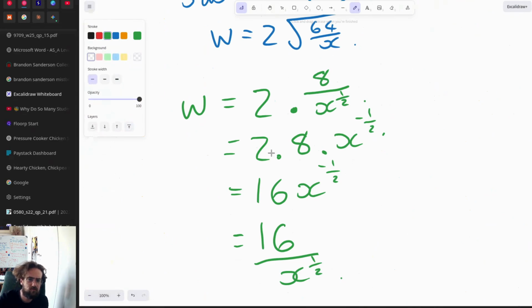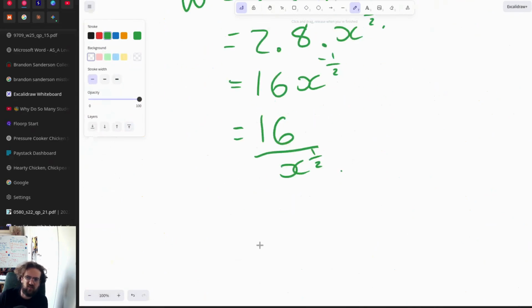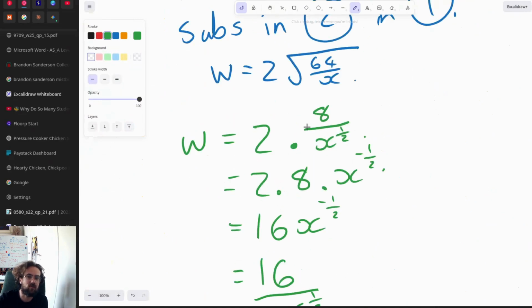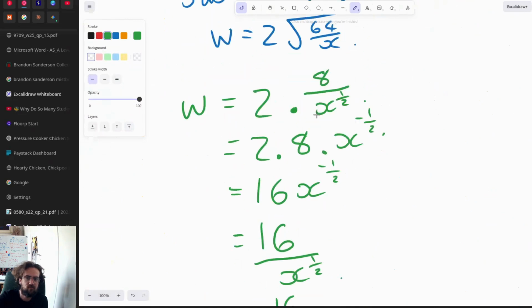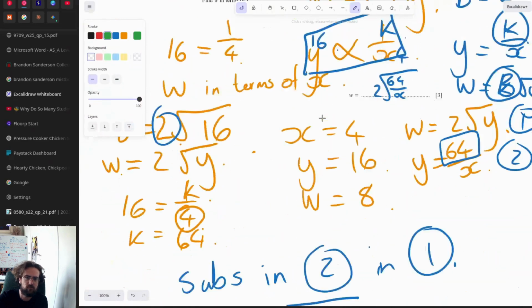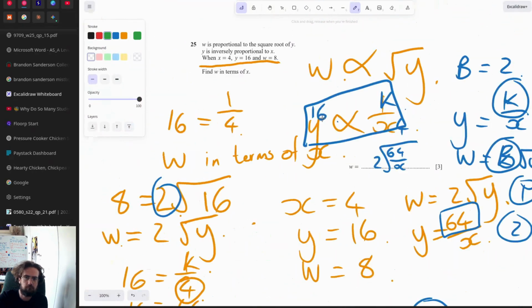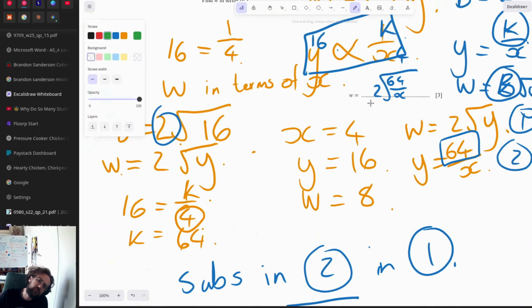So then I can actually write that as 16 over square root of x. That's actually a better answer. So let's go with 16 over square root of x. We like that. That's pretty cool.